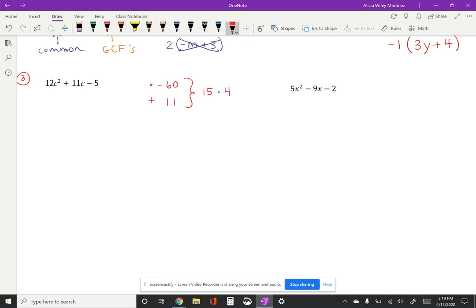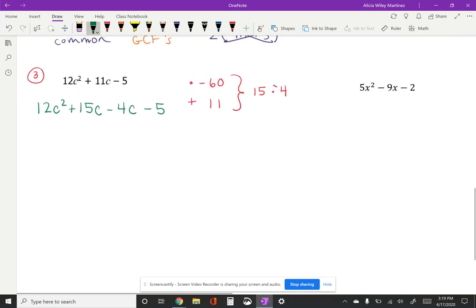For the product to be negative, one of them has to be negative, and since I want the sum to be positive 11, I want the smaller number to be negative. So writing this out as 4 terms, you'll have 12c squared, splitting up 11c into 15c and negative 4c, and then bring down the negative 5.